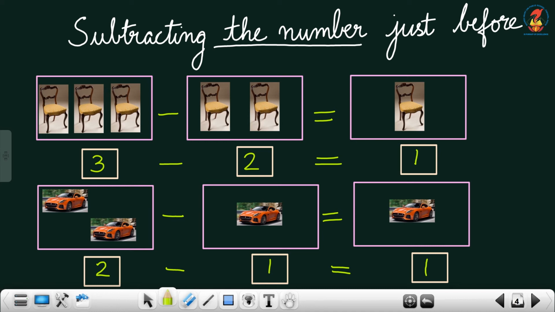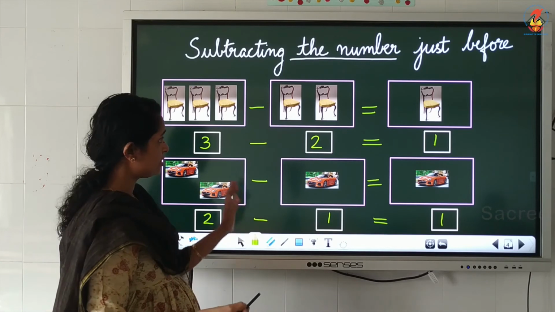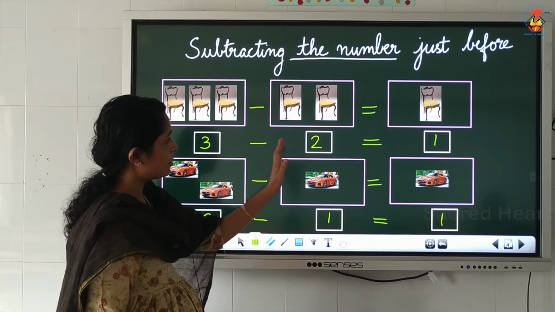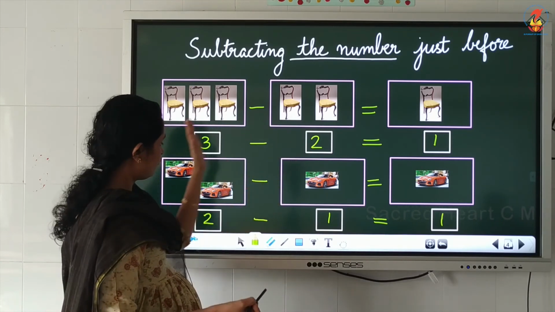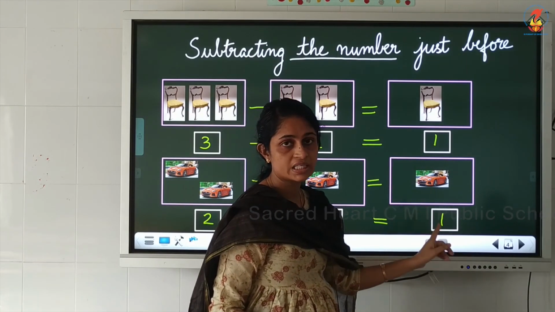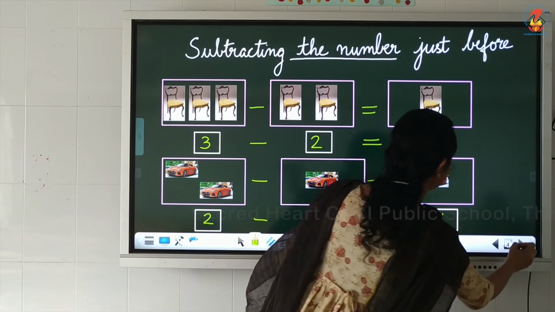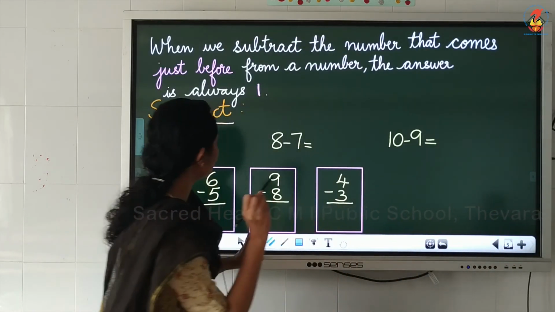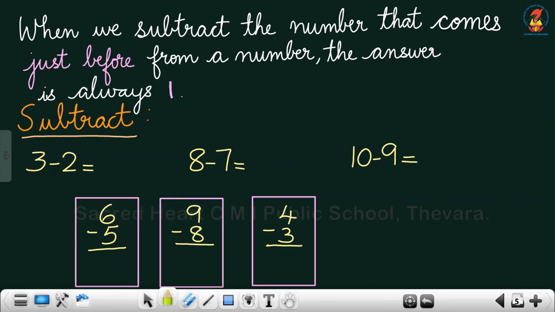In these two cases we can say that when we subtract the number just before from a number, answer is 1. That is our fourth rule. That is, when we subtract the number that comes just before from a number, the answer is always 1.